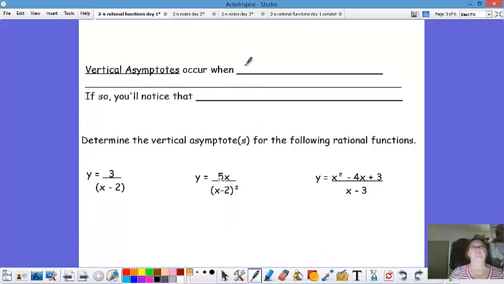And folks, what really happens, a vertical asymptote occurs when there is a non-factorable discontinuity, something that can't be factored out. And that, my dear friends, is just a long way of saying there's some value of x that causes the denominator in the function to be 0.